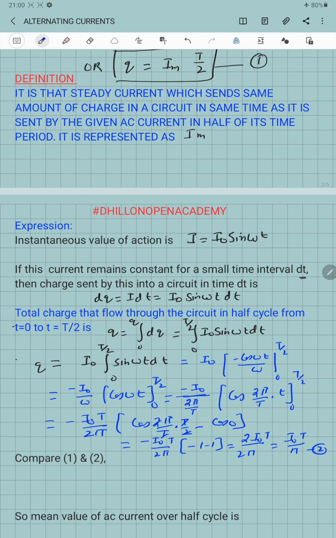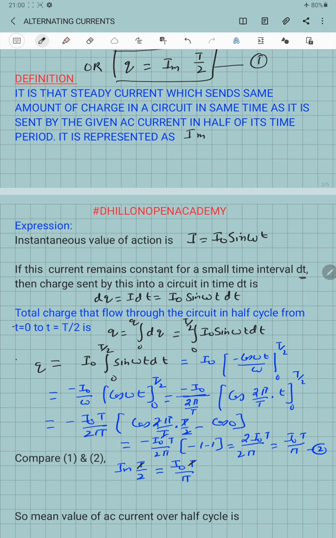So if we compare equation 1 with equation 2, Q is equal to Im into T by 2 from the first equation, and Q is also equal to I naught T over pi. So if we compare both equations, we have Im into T by 2 equal to I naught T over pi.